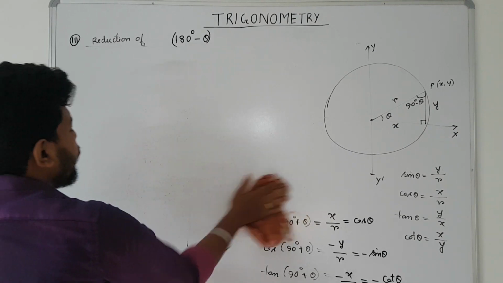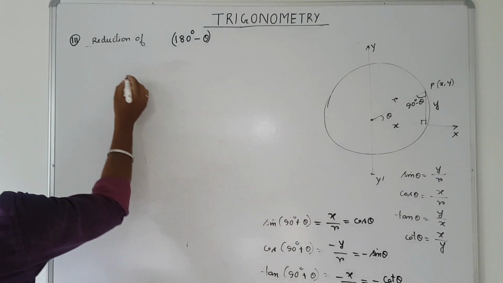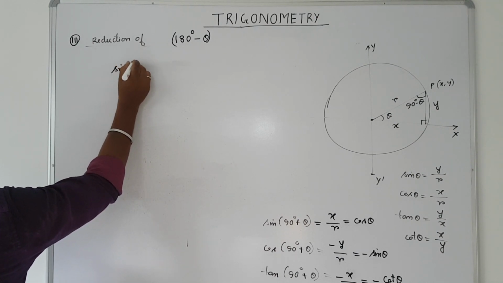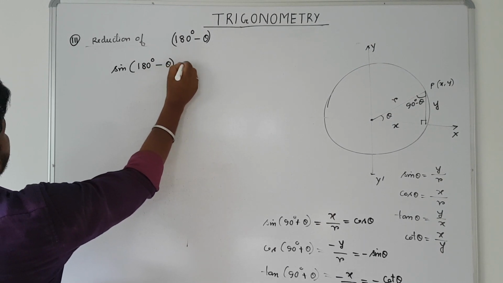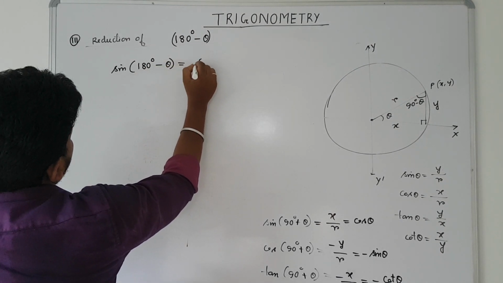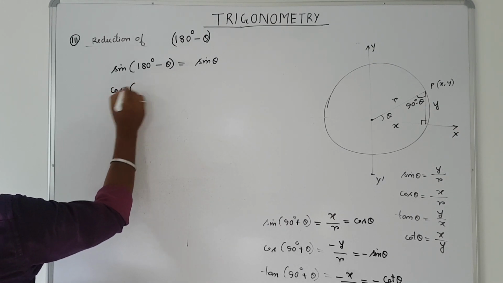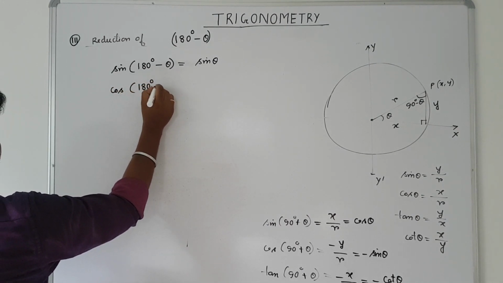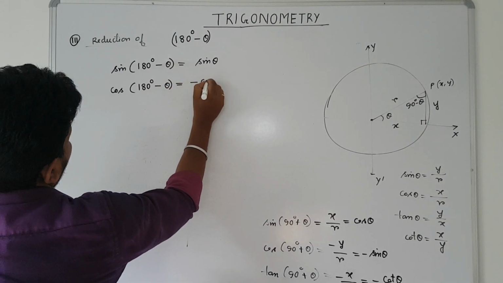To reduce the angle 180 degree minus theta, we can write sine of 180 degree minus theta is equal to sine theta, cos of 180 degree minus theta is equal to minus cos theta.